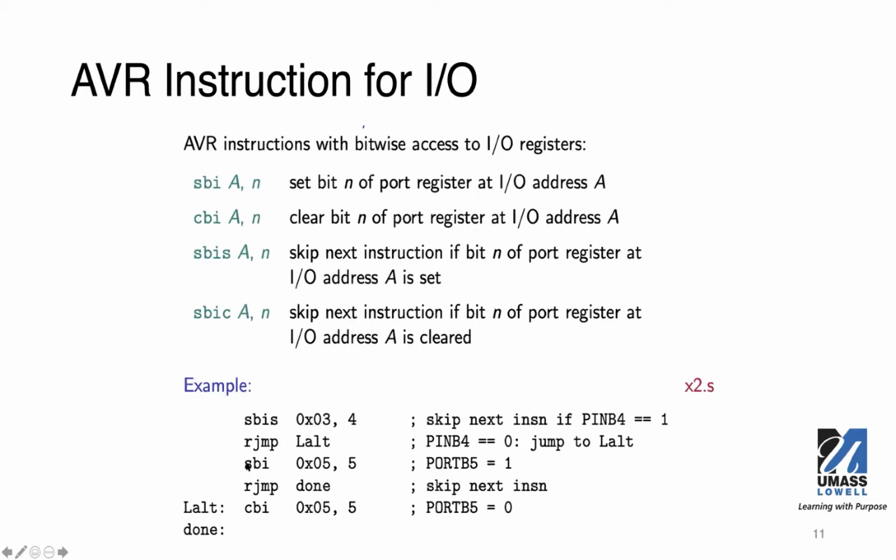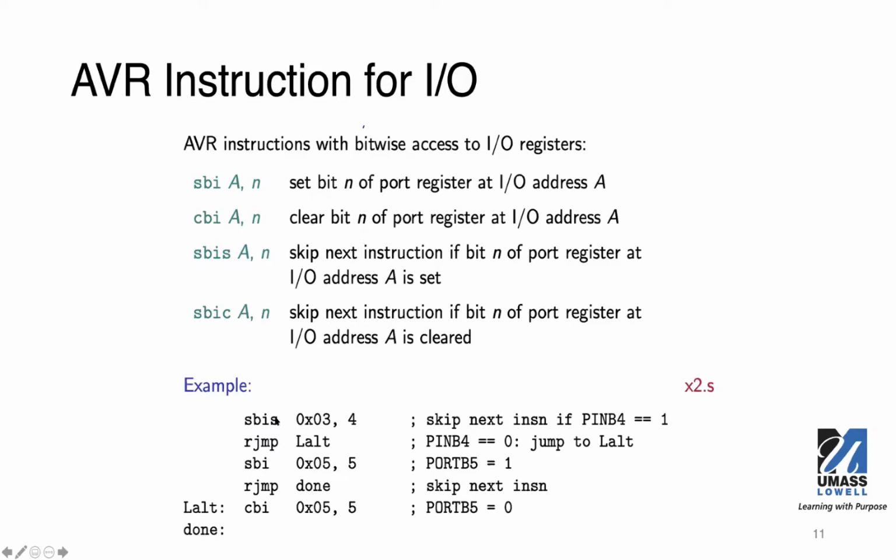And what this does is SBI 0x05, 5, that is to set bit number 5 of port B to 1. And then we're going to jump down, skipping this one. So that's the case if bit number 4 on PINB is set to 1.